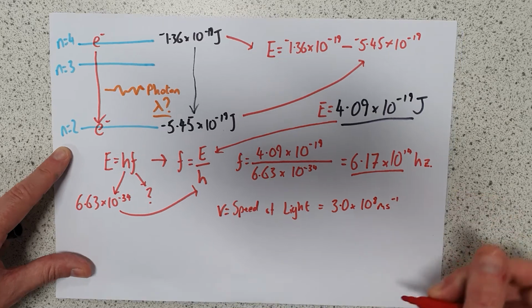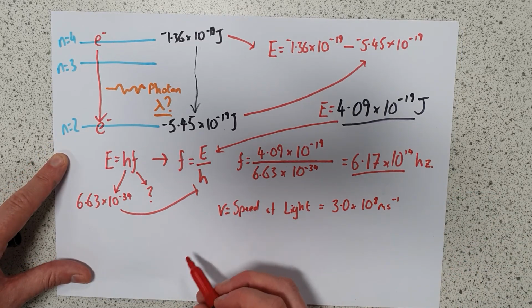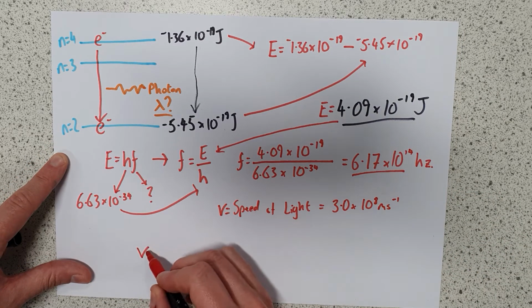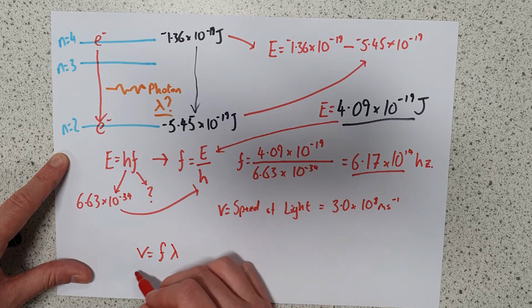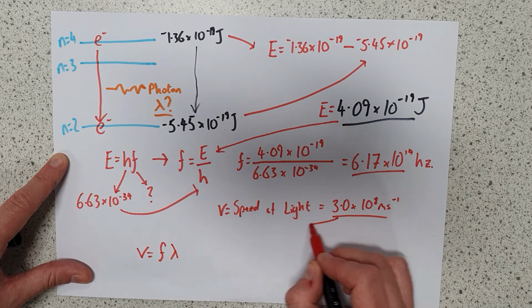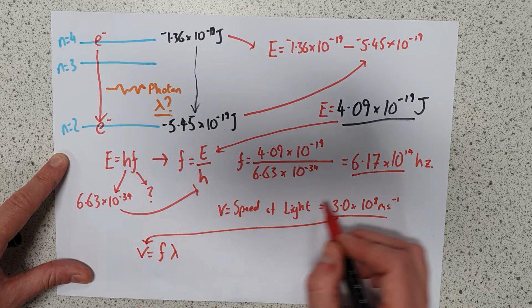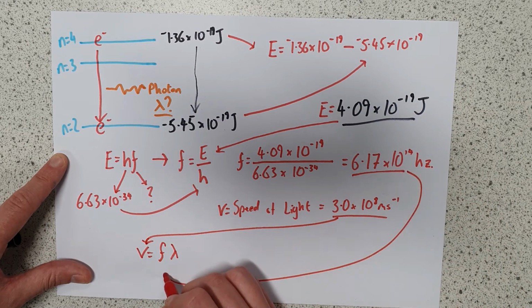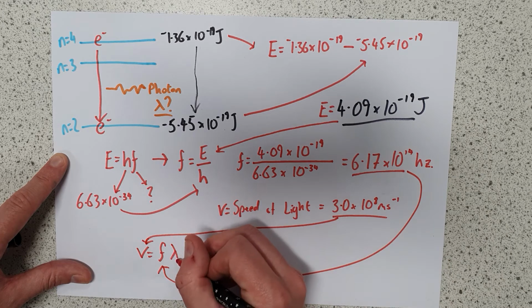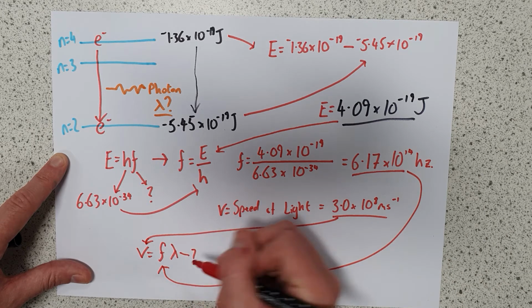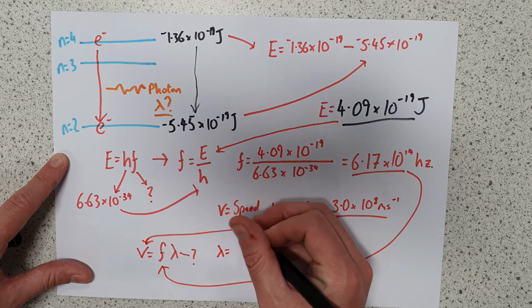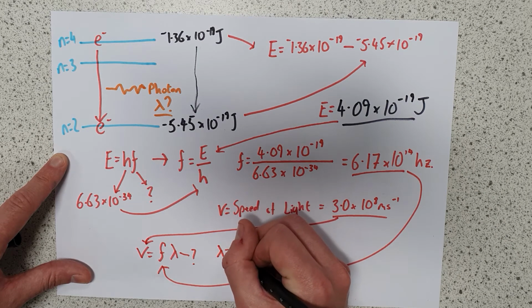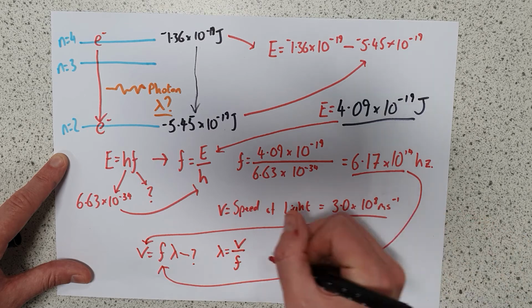Then we're going to use this formula, v equals f lambda. We know v because v is here, plug that into there. We know f, plug that into there, but we don't know the wavelength. So the wavelength is equal to velocity divided by frequency.